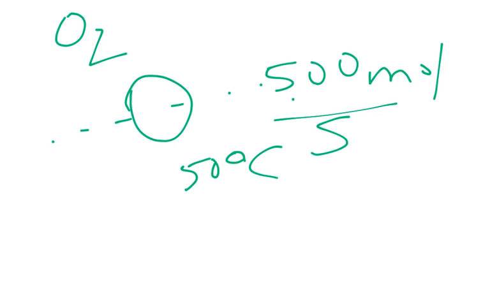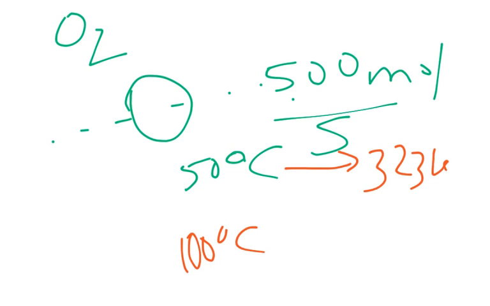And let's say we increase the temperature to 100 degrees Celsius. What would be the new effusion rate? Let's use our equations, and let's make sure to do everything in Kelvin, since you never want to plug in anything in Celsius, since that can lead to wrong answers in chemistry. So this is 50 plus 273.15. We get 323 Kelvin, and we get 373 Kelvin.